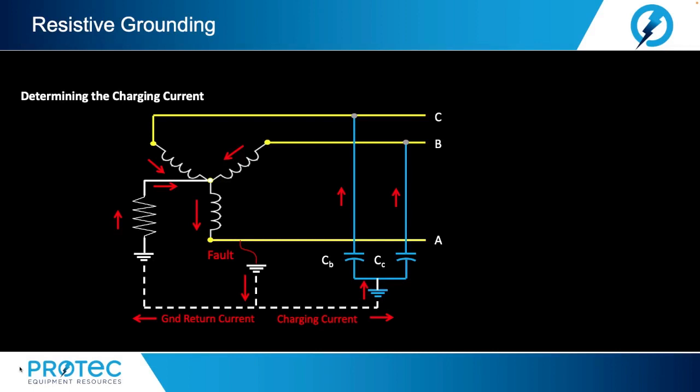Now, determining the capacitive charging current. There are different methods to determine the capacitive charging current of a system, but they all prove to be tedious and/or impractical. It is advisable to use the industry-accepted method of estimating the charging current instead of calculating and/or measuring it.